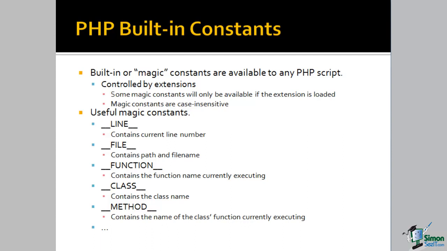If we're inside of a function, the function magic constant returns the name of that function. And likewise, if we're executing code within a class or within the method of a class, we can get that information from the magic constants as well. So again, very useful for debugging and for application logging.